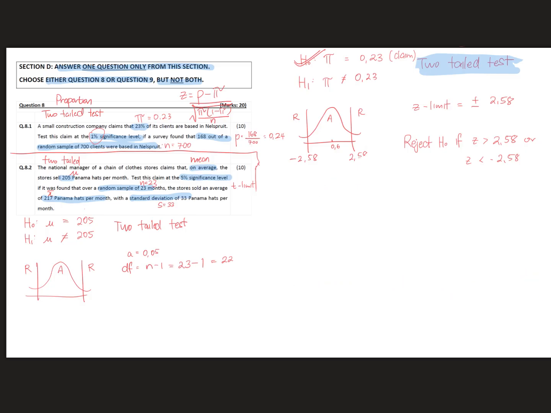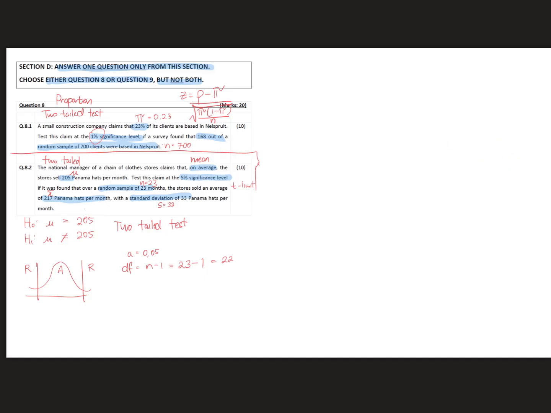All you're going to do for the T table is the same thing we did in the previous section for the previous question 7. You're going to simply look at the table and find your A value going across, and your degrees of freedom coming down the first column.